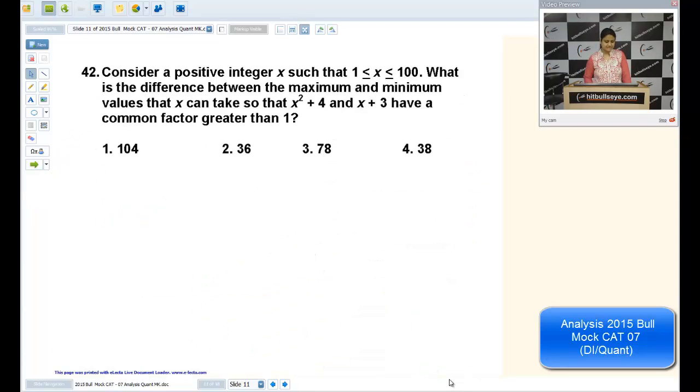Okay, what is the answer for this? Any problem? Any problem in 42nd question?